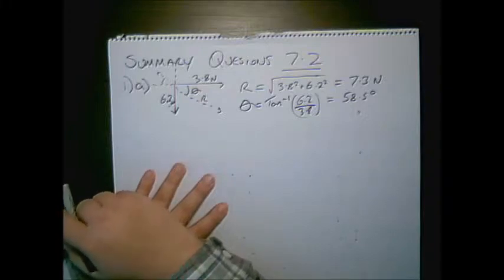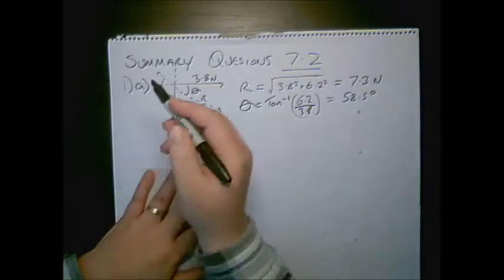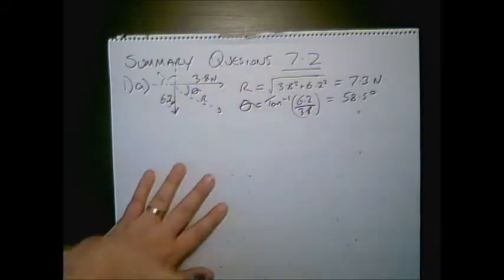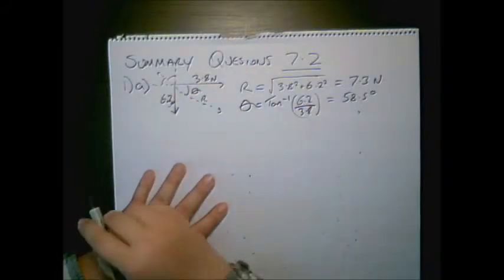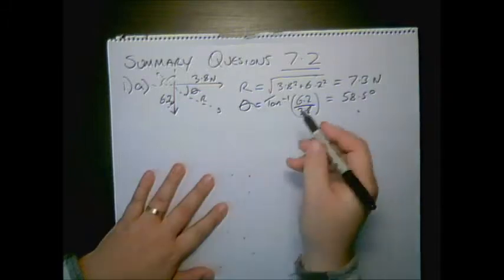Looking at the answer they ask for in the book, they've decided to change their point of reference, which I think is not ideal, but that's what they've done. And they're looking actually for this angle here. Well, that's simple enough to work out.